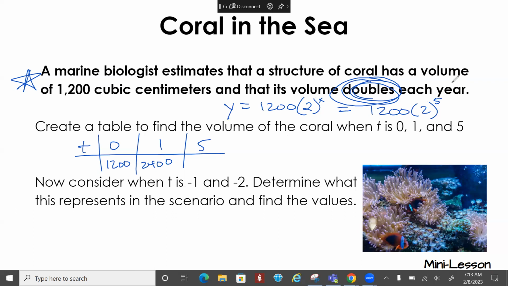And that'll tell us how big the coral reef is, right? So we're going to take 2 and raise it to the 5th power. And that would give us 32. And then we're going to multiply it by 1,200. And so that's going to give us 38,400.